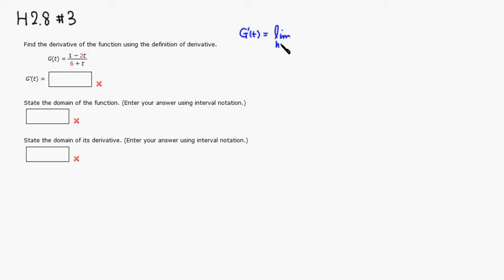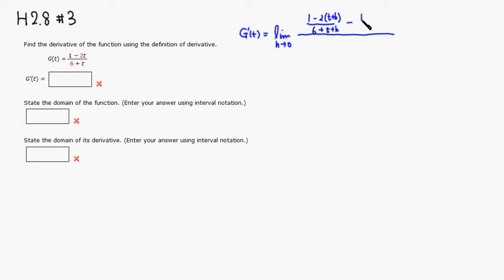as h approaches 0. So we're going to put t plus h whenever we see t. So you have, let's say, a big fraction here: 1 minus 2 times (t plus h), over 6 plus t plus h, minus G of t.